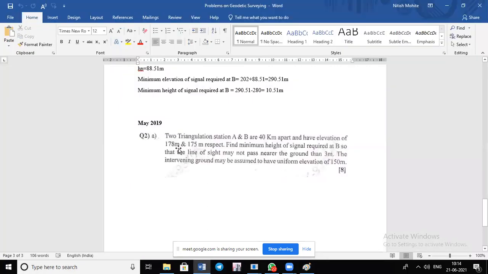Further, they have elevations of 178 meter and 175 meter respectively. They are telling us to find the minimum height of signal required at B so that the line of sight may not pass nearer the ground than 3 meter.